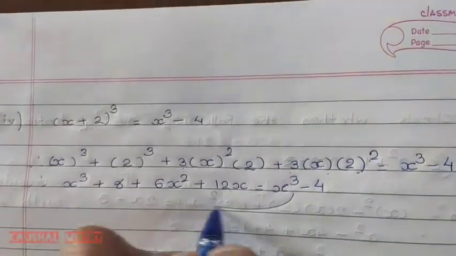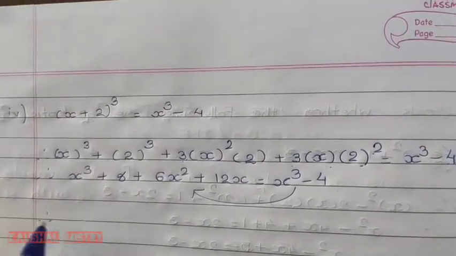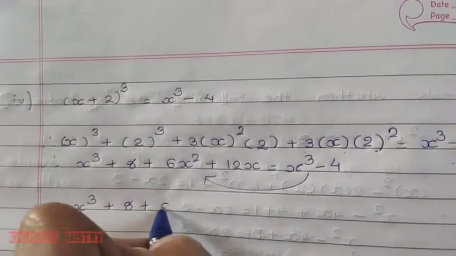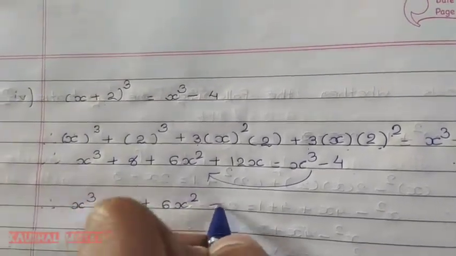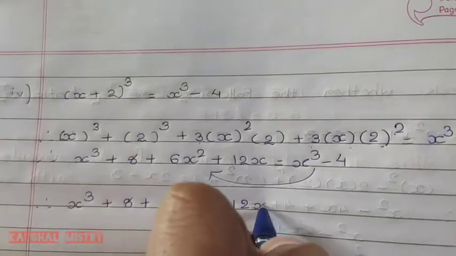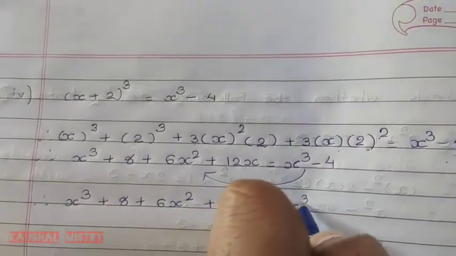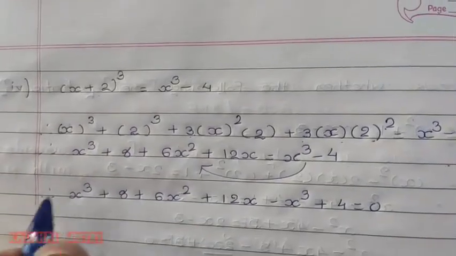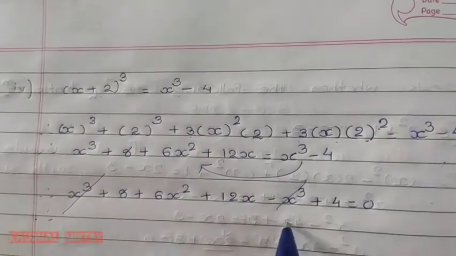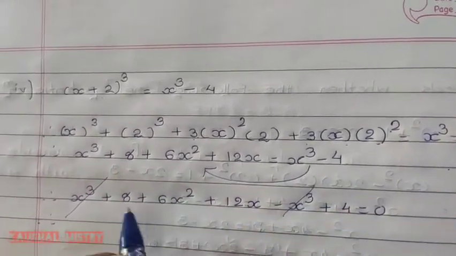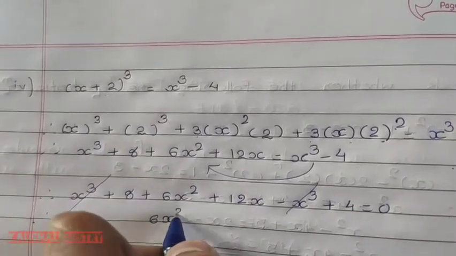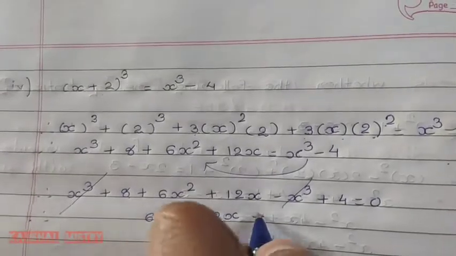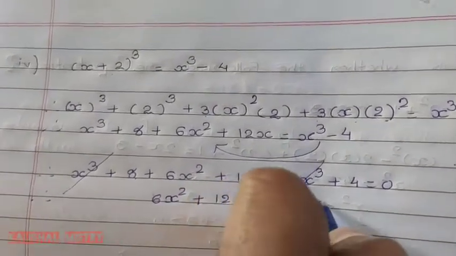Now this will come to this side, so x cube plus 8 plus 6x square plus 12x minus x cube plus 4, right? So x cube will get cancelled, so it is 6x square plus 12x, 8 plus 4 is equal to 12, so 12 is equal to 0.